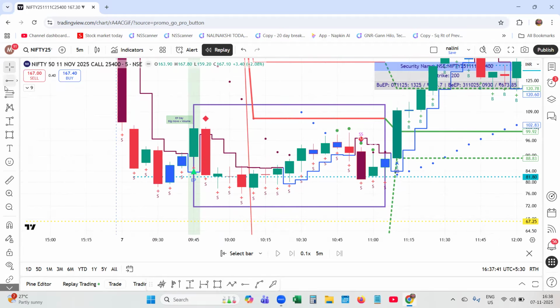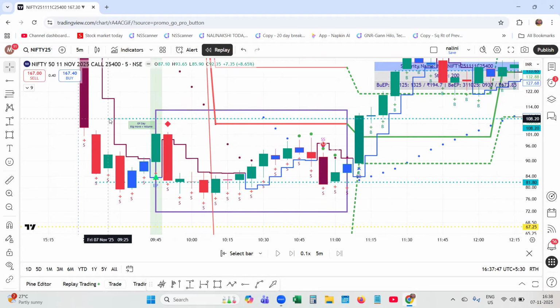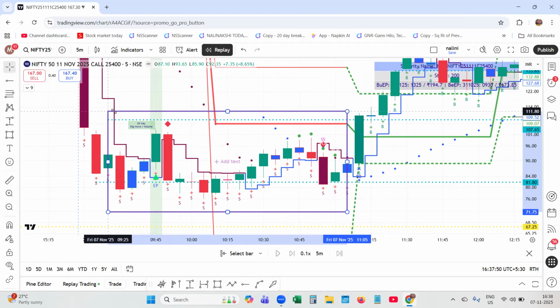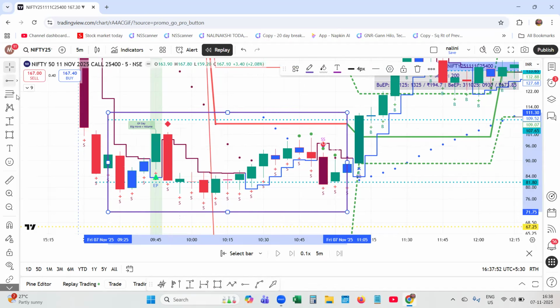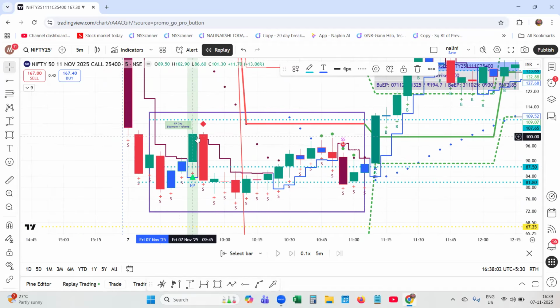Exactly at this level, exactly at the bottom of this episodic pivot, the price popped up. See the beauty of the institutional money. Institutional money flagged out that it is entering into the market.